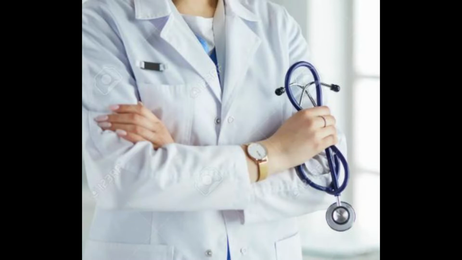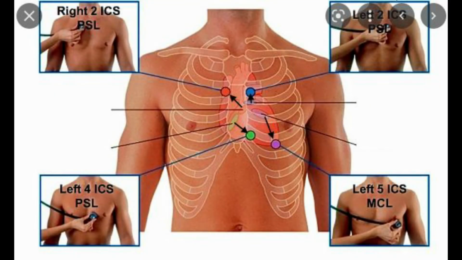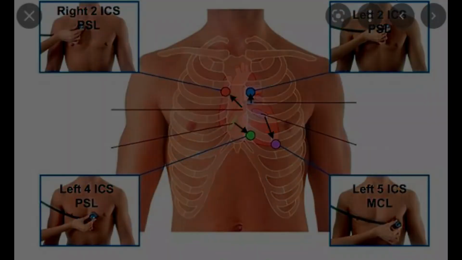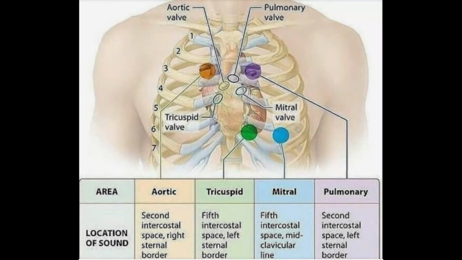Next, let us see how to proceed to check the cardiac areas. First of all, let us know the main four cardiac areas. As you know, they are the mitral area, tricuspid area, aortic area, and pulmonary area. Mitral area is usually nothing but the area of apical impulse.